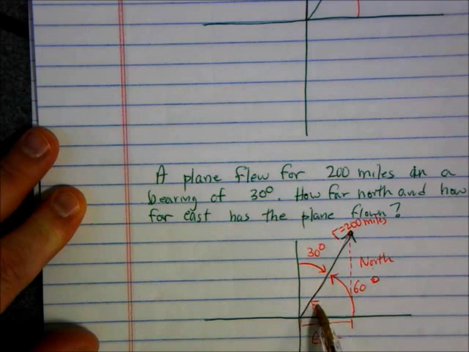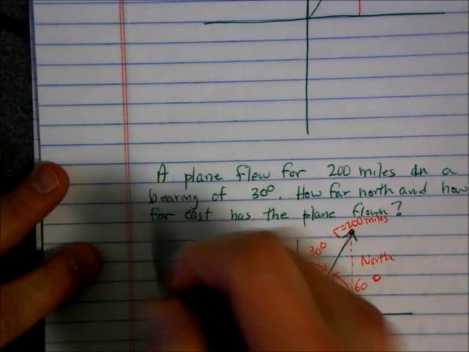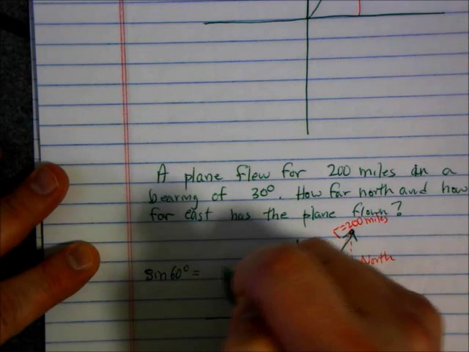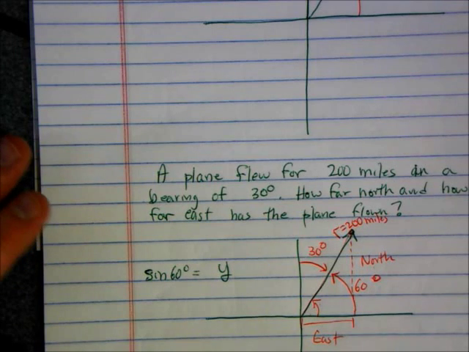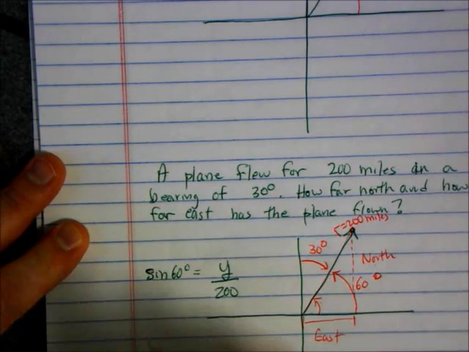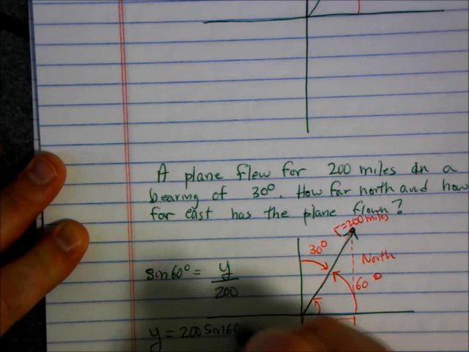So what uses angle, opposite, hypotenuse? Sine. So sine of 60 degrees would be north. I'm going to call north y because that's up and down. Y over 200. So y would be 200 sine of 60 degrees.